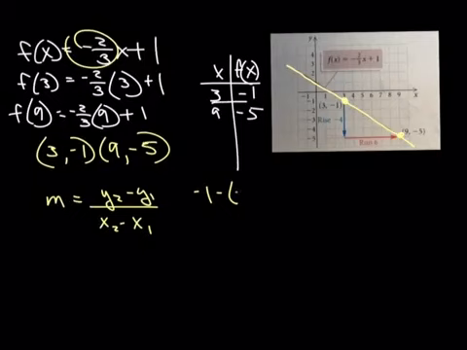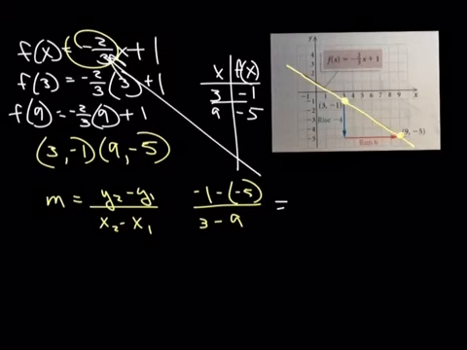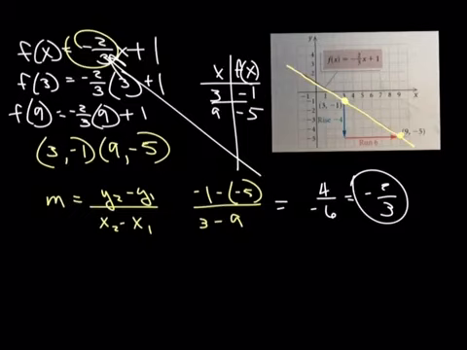A negative 5, over, my x is 3, minus 9. Okay, so let's see what we get for a slope. I should get negative 2/3. This is just a check. So negative 1 plus 5 is 4 over 3 minus 9 is negative 6, which reduces to negative 2/3. So that does work. I did get the same slope as they told me in the original problem.